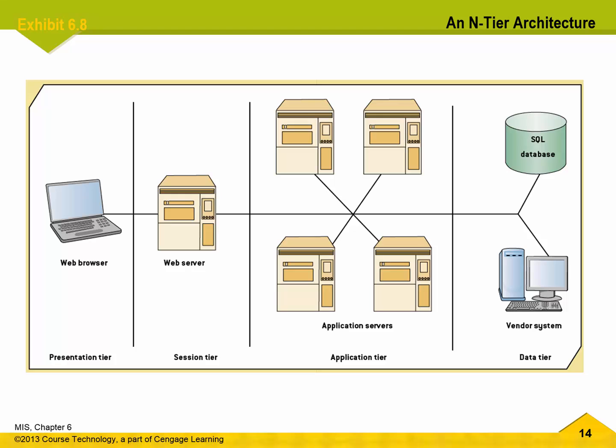Another concept is when we connect to a web server, behind the scenes there may be multiple tiers of activity that occur. So the web browser connects to a web server. So let's say you go to Amazon, and the web server sends you the basic home page, and you say, well, I want to search for a book, and so you send that request to the web server.